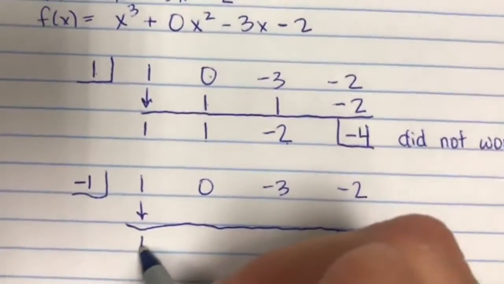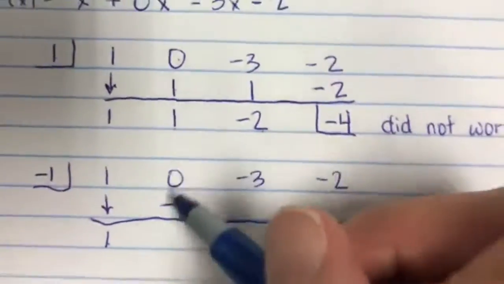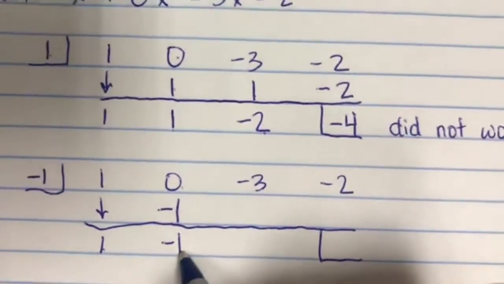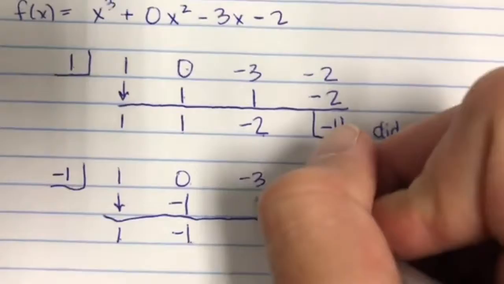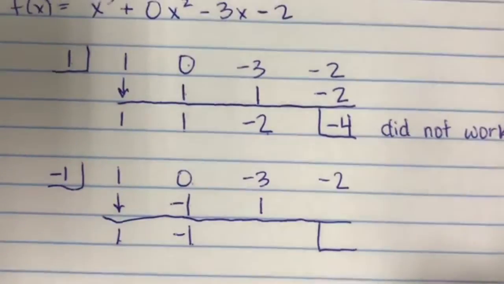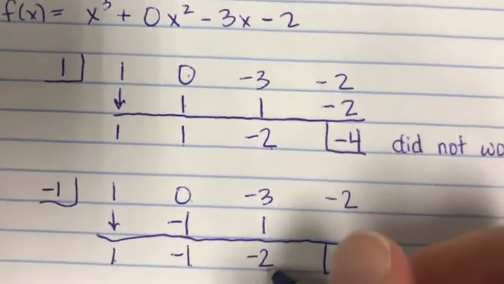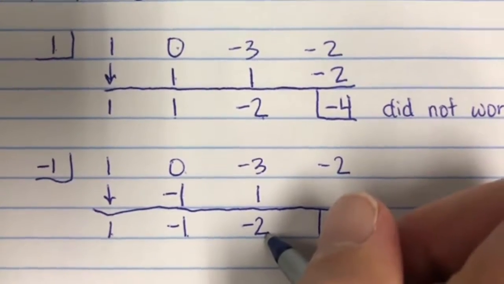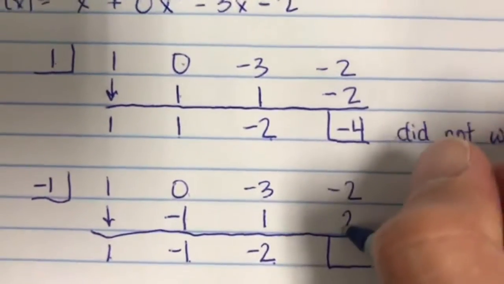My result, I will multiply by negative 1. I'll add these up. 0 minus 1 is negative 1. Multiply my result. Negative 1 times negative 1 is a positive 1. I'm going to add these two. Negative 3 plus 1 is a negative 2. And then I'm going to multiply my result by the little number in the box. Negative 2 times negative 1 is a positive 2.